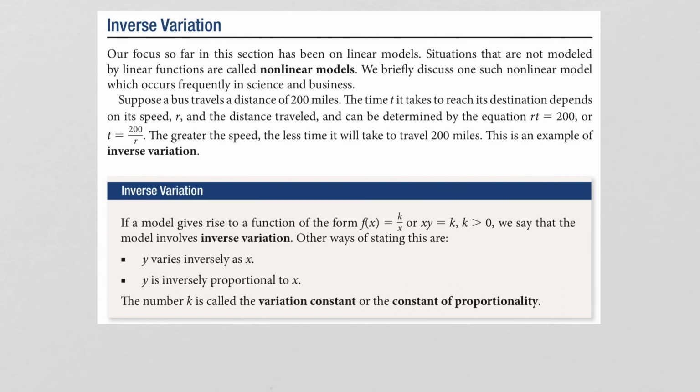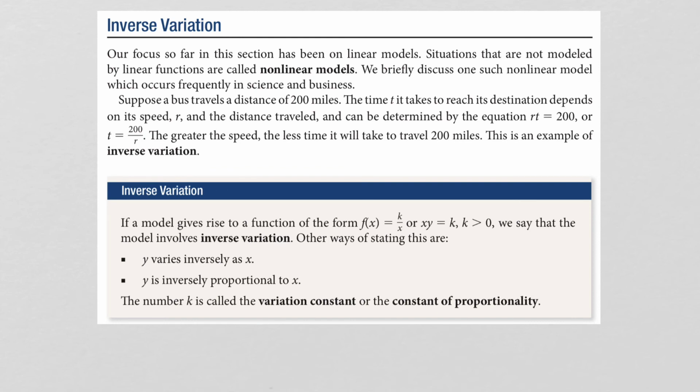Now let's talk about inverse variation. Inverse variation is sort of the opposite of direct variation. So in inverse variation, as one variable increases, the other variable decreases. And I'm going to skip down to the formula for it.